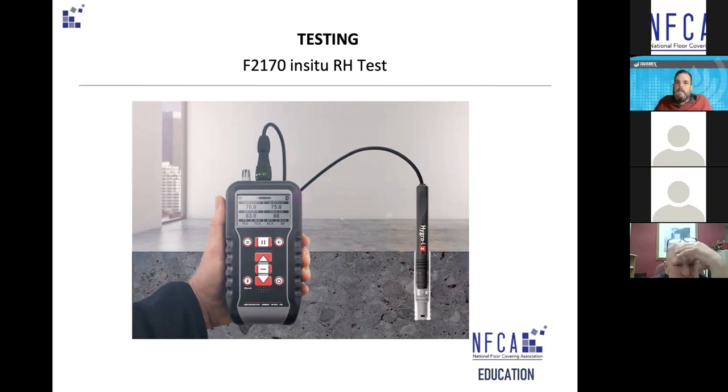And that's the problem, because that's how relative humidity testing was developed. It was developed as a way of making sure the concrete wasn't humidity saturated. In other words, that the moisture in the concrete was absorbed or adsorbed, and not free moisture, which would show up as a really high relative humidity number.